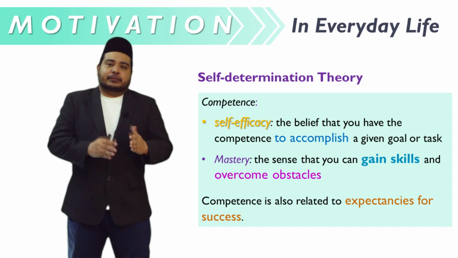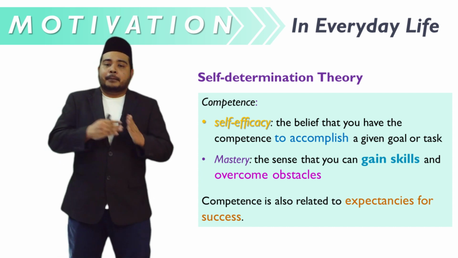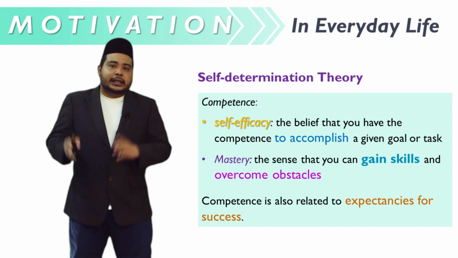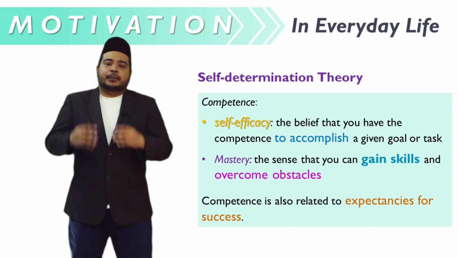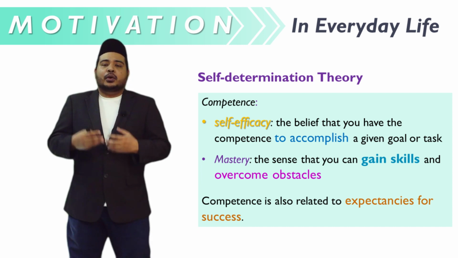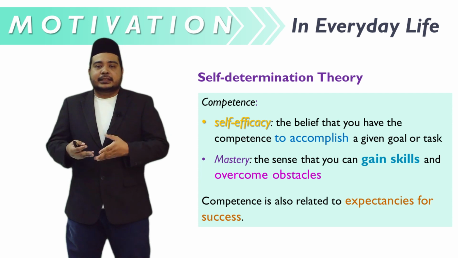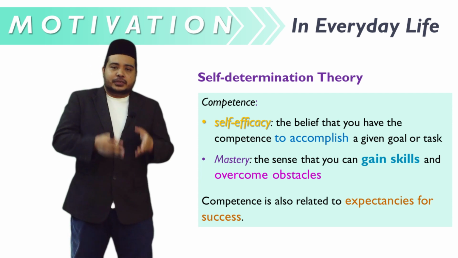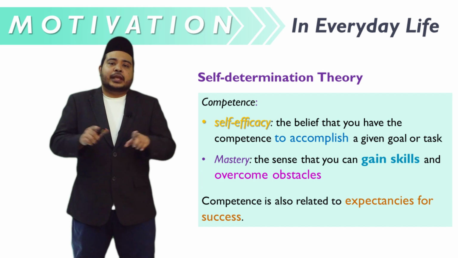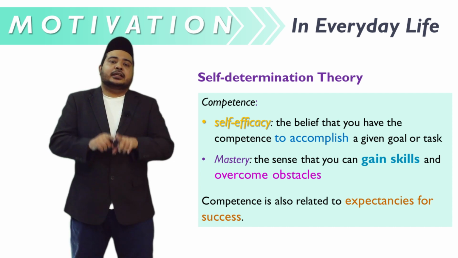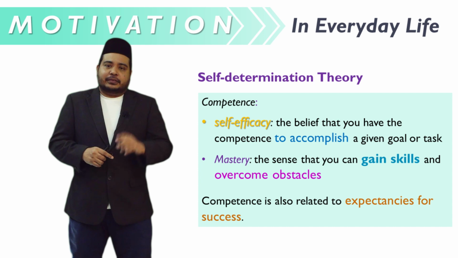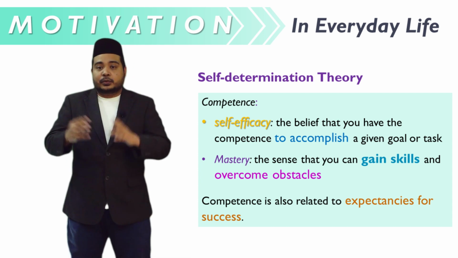With self-efficacy also comes mastery. Both are related to competence. Mastery is the sense that you can gain skills and overcome obstacles. It goes hand in hand with self-efficacy. Self-efficacy is our ability to accomplish and complete tasks.